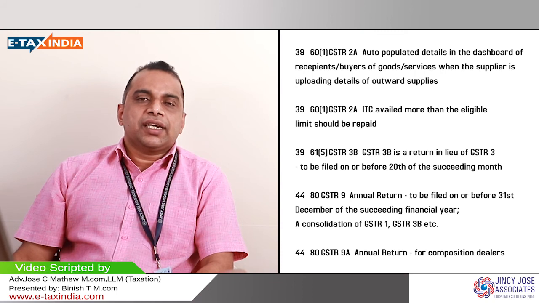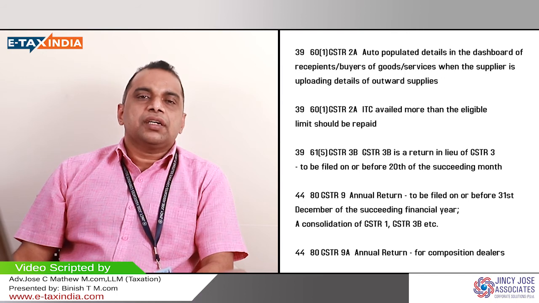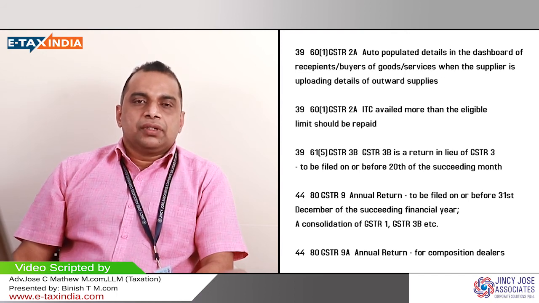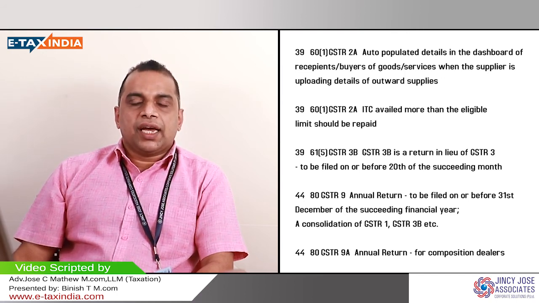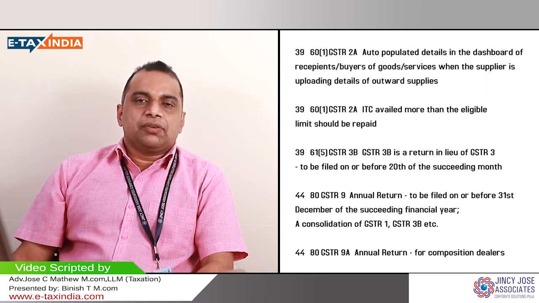So 9C means the reconciliation statement for the regular taxpayers to be attested or certified by the practicing chartered accountant or cost accountant. They have to submit it along with the GSTR 9 form. So that is the reconciliation statement for the annual return for the taxpayers whose aggregate turnover exceeds rupees 2 crores per annum.